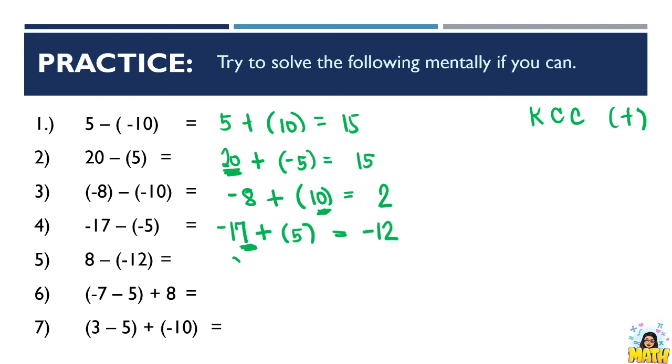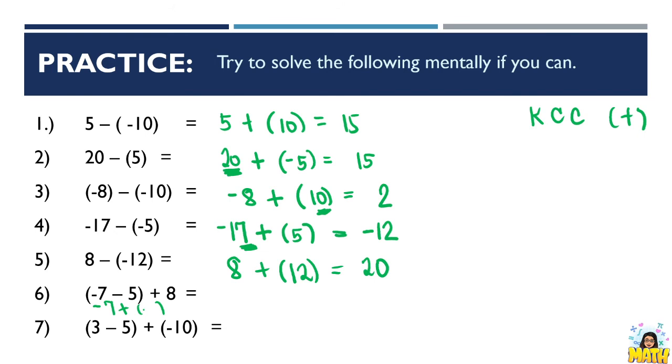Number 5, copy, change, and change. Since they are both positive, it will simply be positive 20. Next, negative 7 minus 5 plus 8. Unahin muna natin yung nasa loob ng parentheses. So we keep, we change, and we change the sign of positive 5.